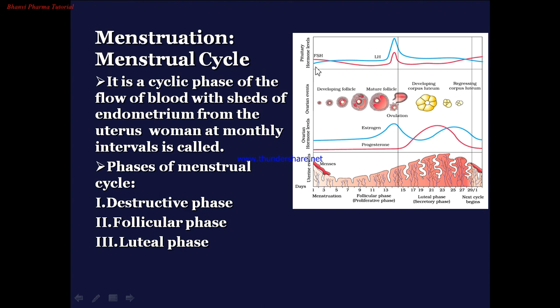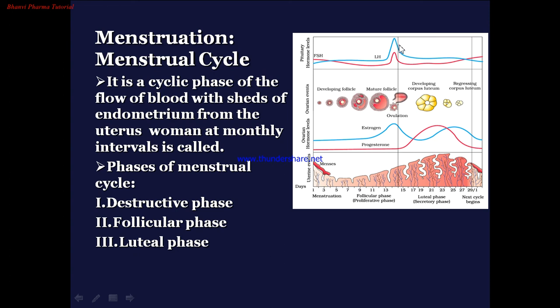menstrual cycle shows the action of the pituitary hormone levels. In the normal days, 1 to 13 days, the follicle stimulating hormone and luteinizing hormone are gradually maintained at a normal level. On the ovulation day, FSH and LH increase drastically.